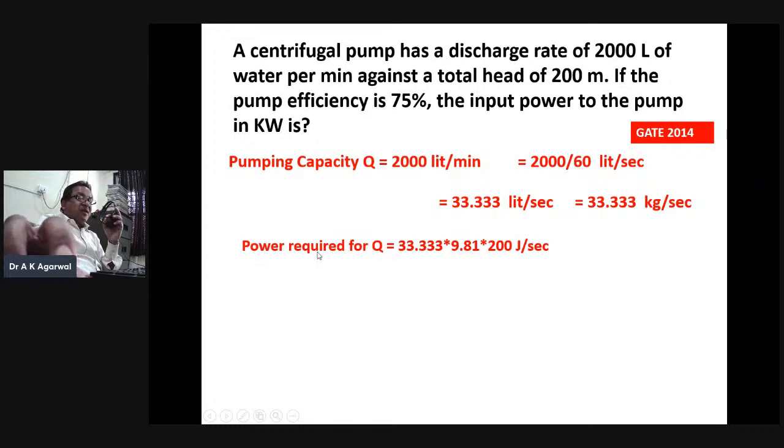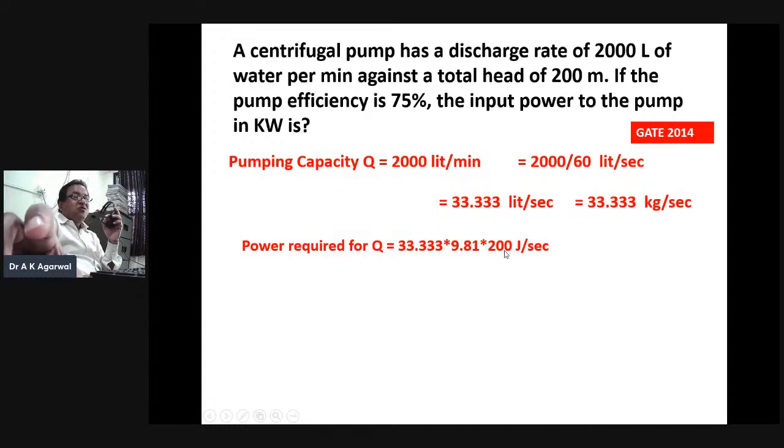So power required, just as we have said, is mgh, joule per second. This is kilogram per second. Work done per second is 33.33 into 9.81, to convert into Newton, into 200.